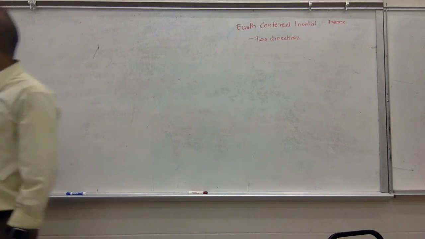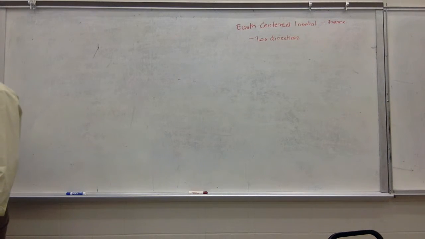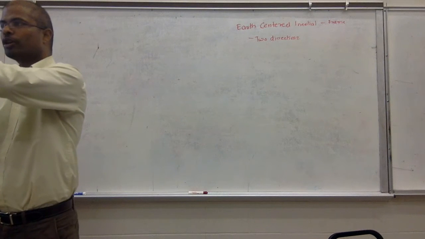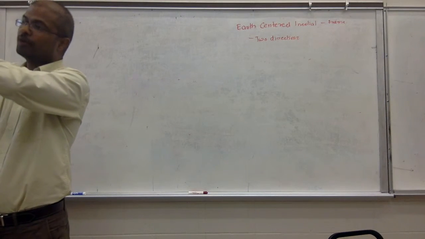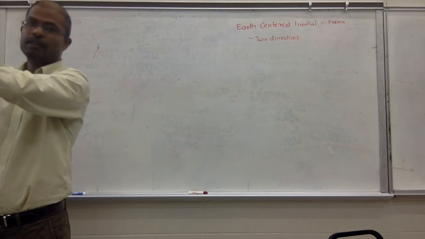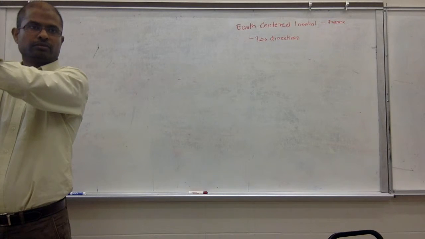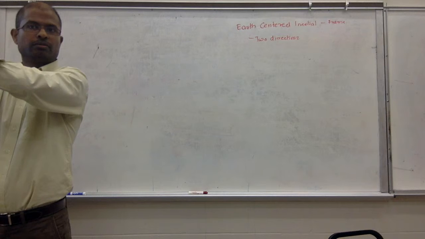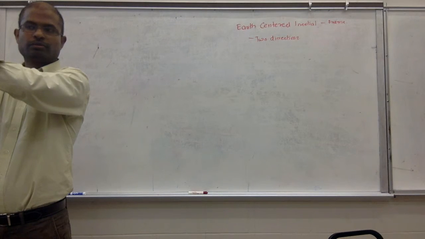So this node becomes ascending node because from that point forwards, the orbiting body is going above the equator, ascending from the equator. You see it?